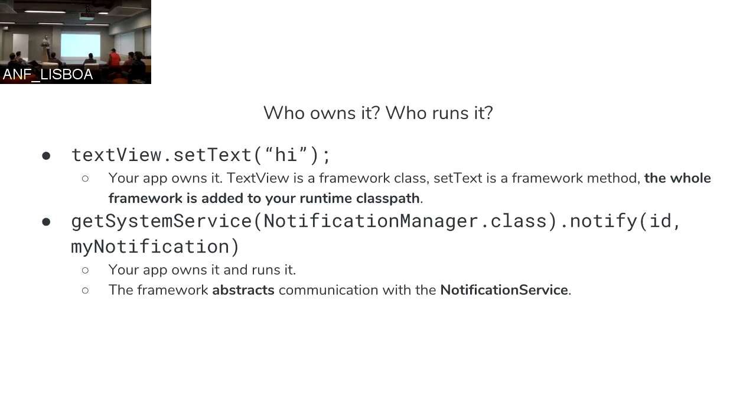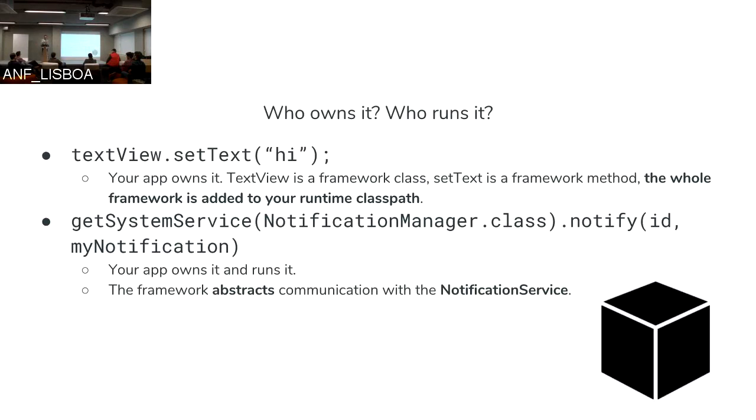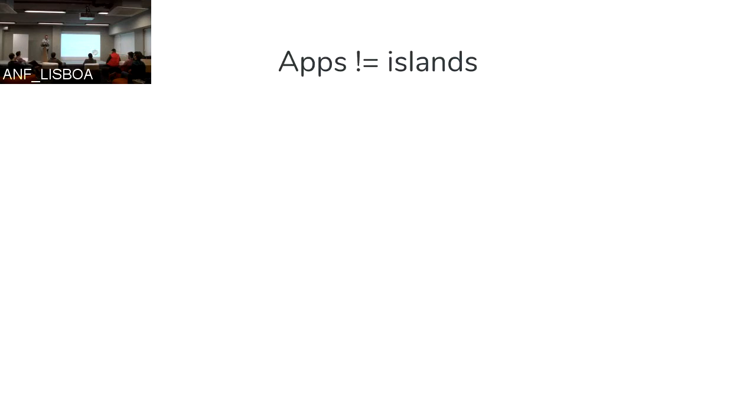Instead, what the framework gives you is an abstraction to the rest of the Android system. And there's actually something on the other side called the notification service. And that's what handles your notifications. This is a black box. How does it happen? This one we'll look into today. And again, you'll leave this talk knowing how everything in Android works. So your app isn't an island.